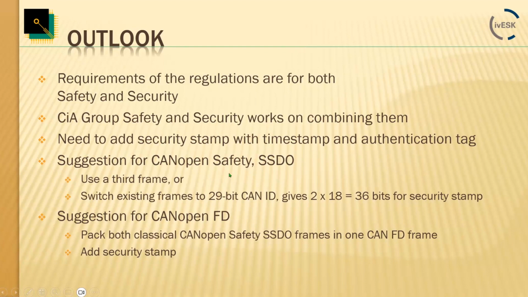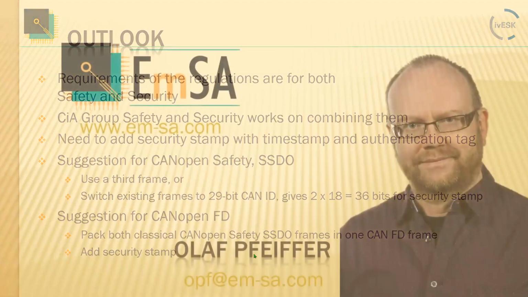The only thing I can think of is either we introduce yet a third frame that adds the authentication tag and security information, or another option could be to expand the existing CAN IDs to 29-bit. Because we have 2 of them, this would give us 2 times 18 bits, so 36 more bits. And that's already quite a bit. So that could be something. But these are just the very first initial ideas. So we have to wait and see what comes out of that group.